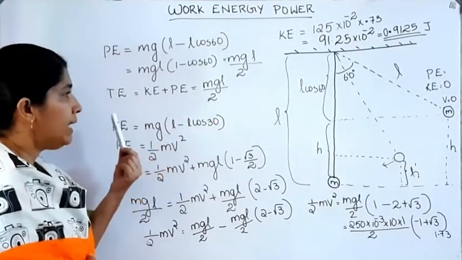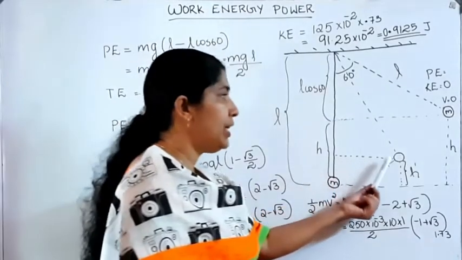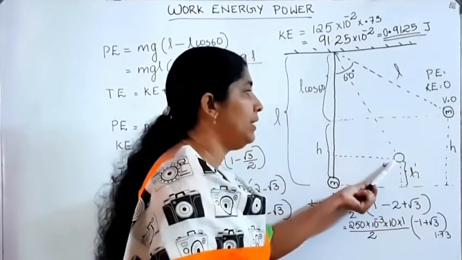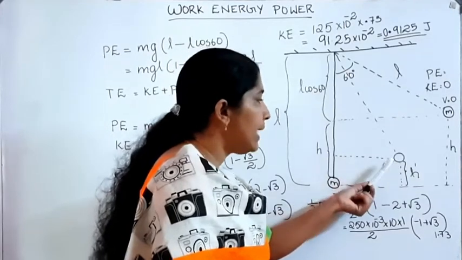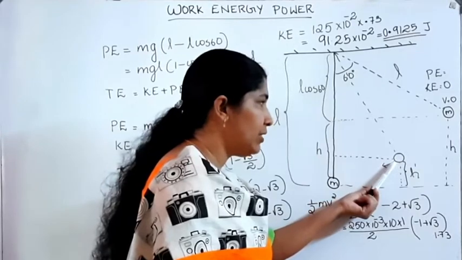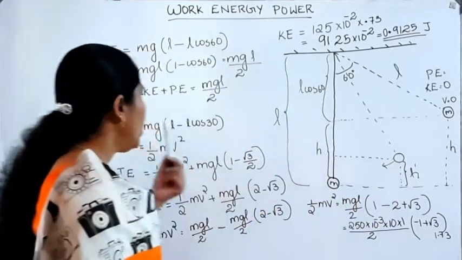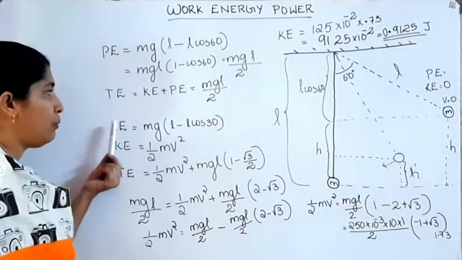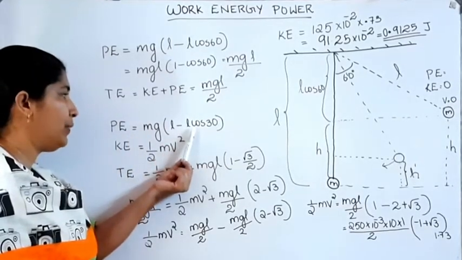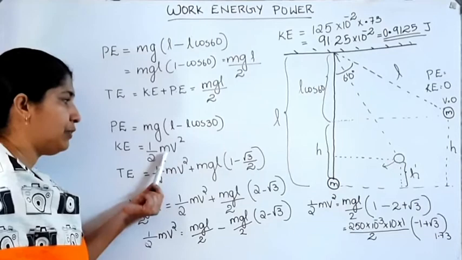Then what about the total energy here? The body moves through this bump, then it possesses a particular velocity. We can find the potential energy by knowing h dash. Potential energy at that position is mg into L minus L cos 30. Kinetic energy is equal to half mv square.